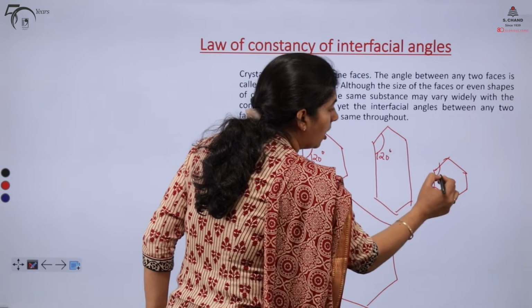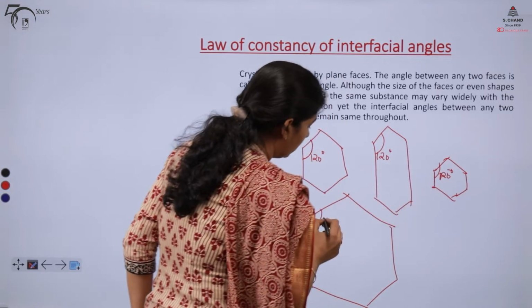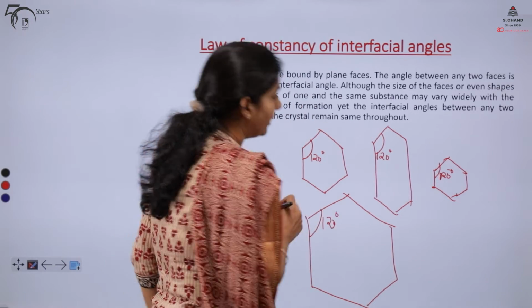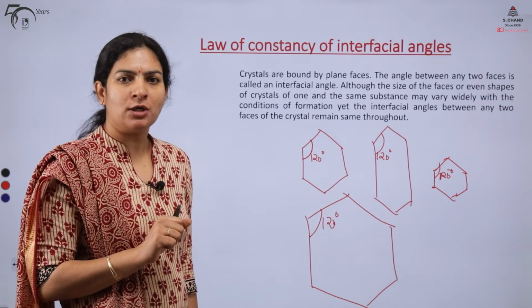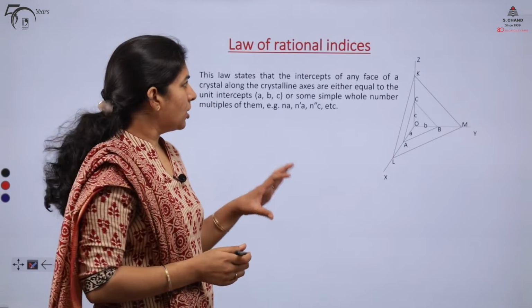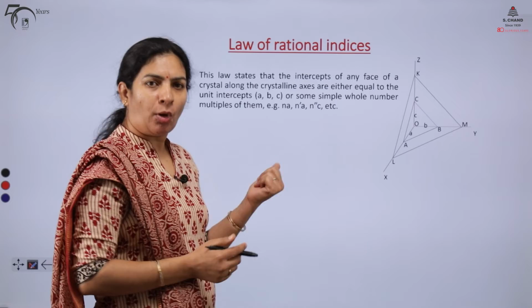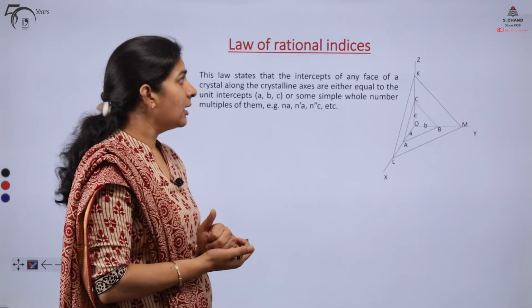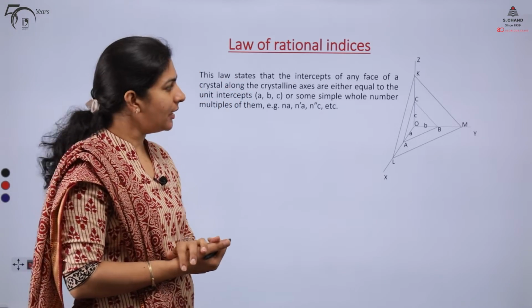So the angle is 120 degrees in all these crystals. This is the law of constancy of interfacial angle. There is another law which describes the properties of solids, the law of rational indices.